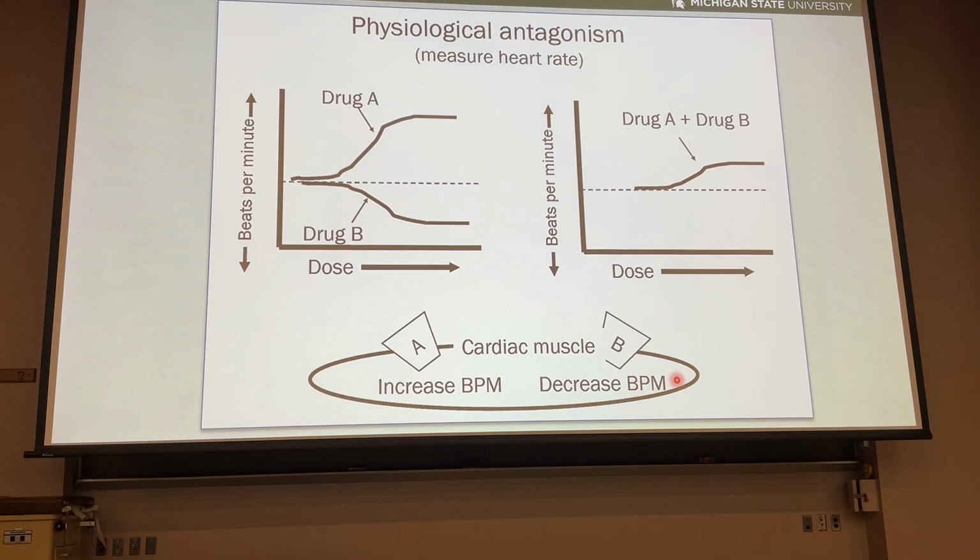But when both are involved, it has a sum total less than A, but it's not inactivated, okay? Physiologic antagonism is two different drugs working on two different receptors that affect the same system. The overall effect is a decrease in the activation of one of the drugs.